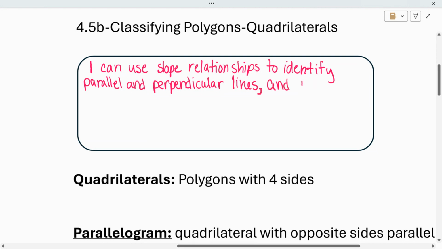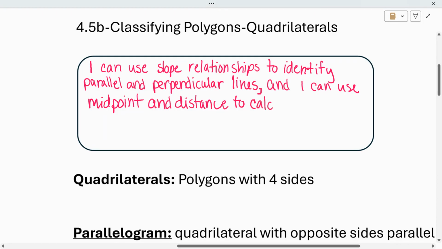And I can use midpoint and distance to calculate lengths of sides and bisectors.